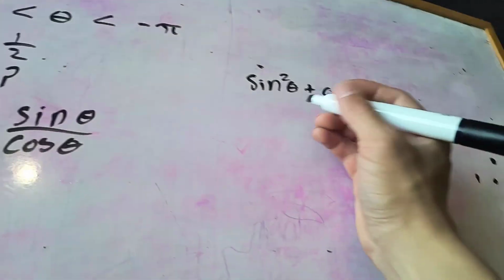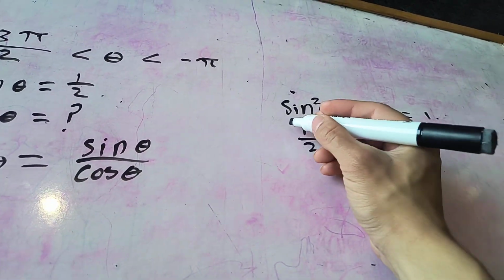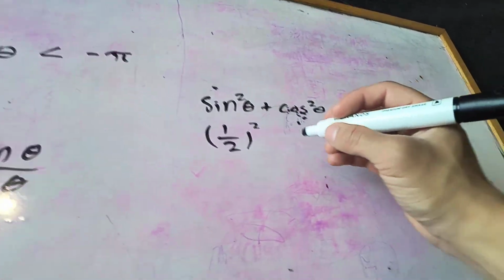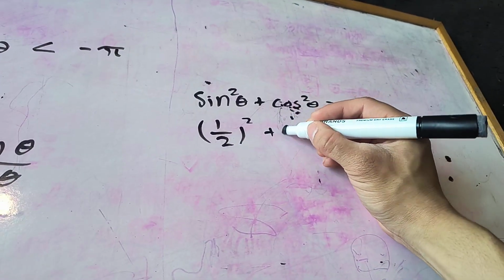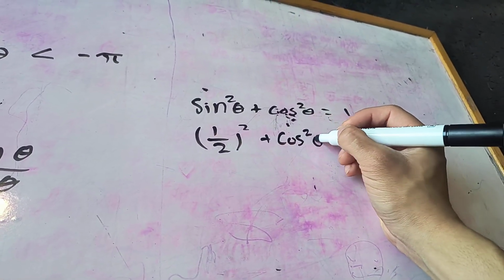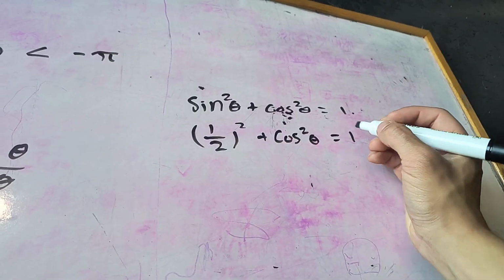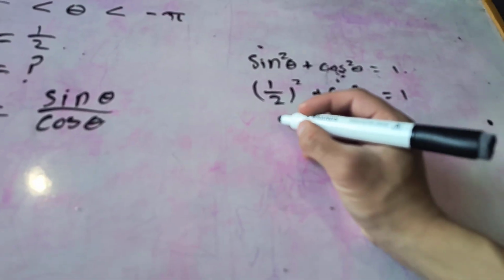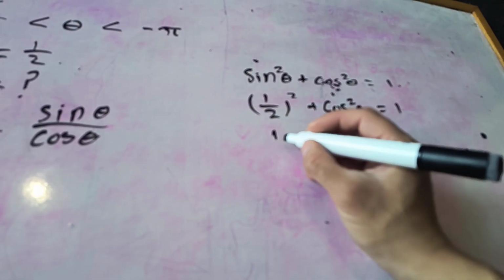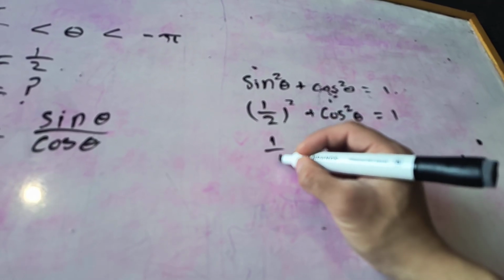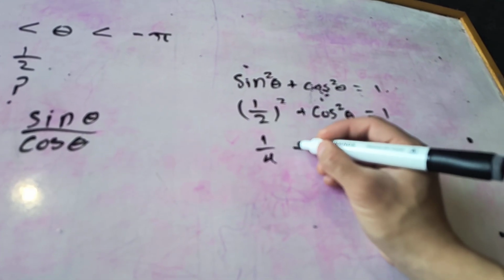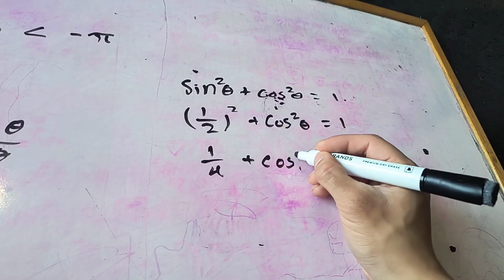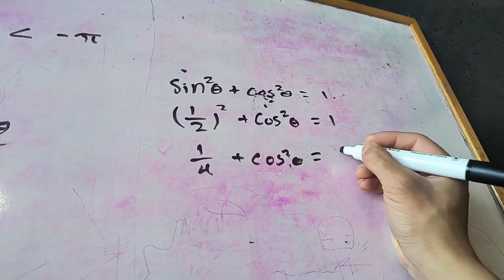But we know sine of theta, which is 1/2. So we have 1/2 squared plus cosine of theta squared is equal to 1. 1/2 squared is 1/4. So 1/4 plus cosine of theta squared is equal to 1.